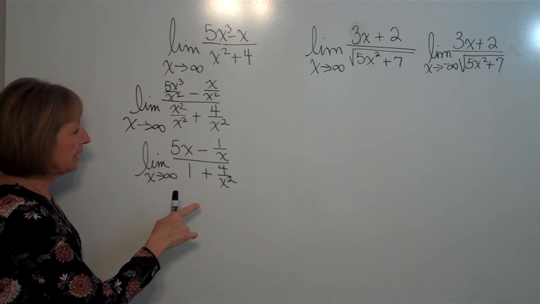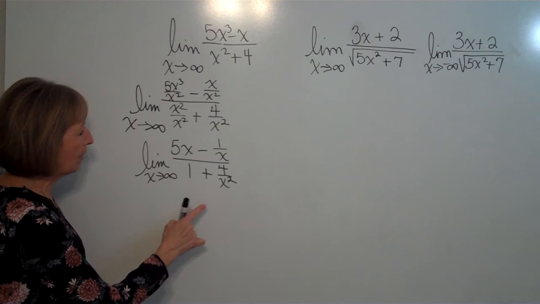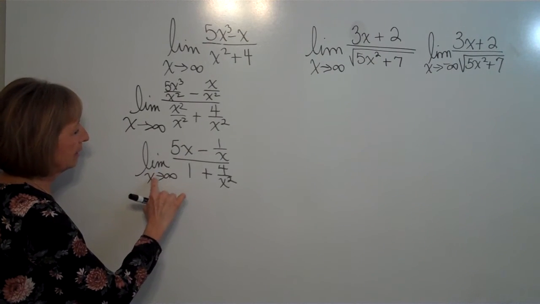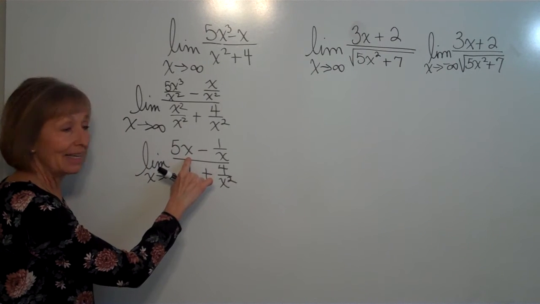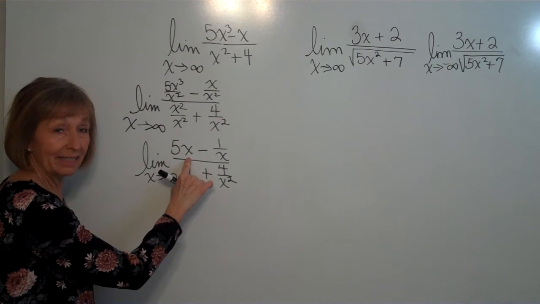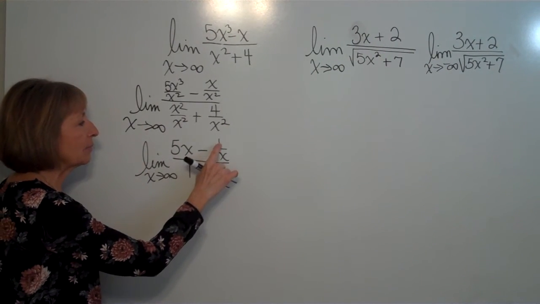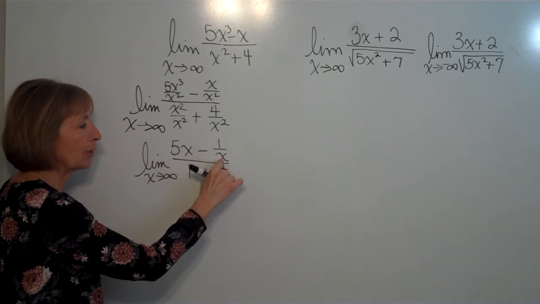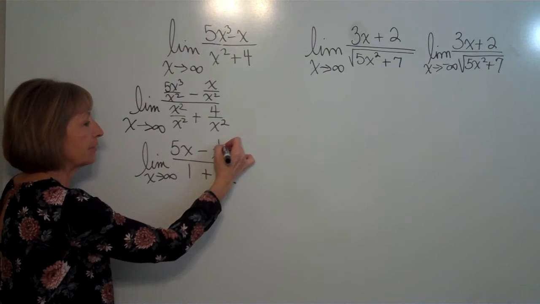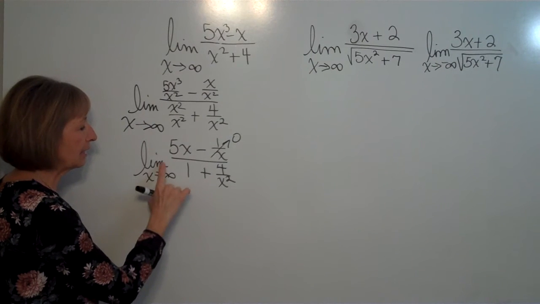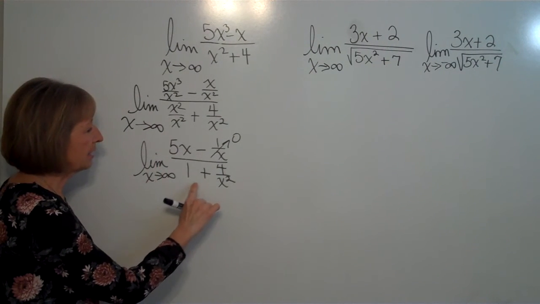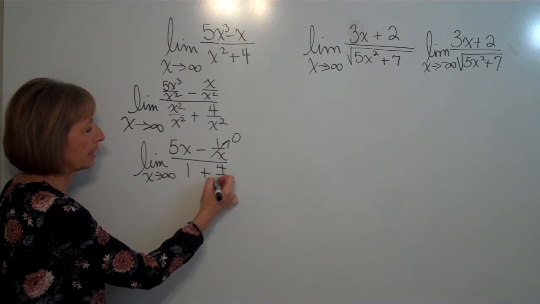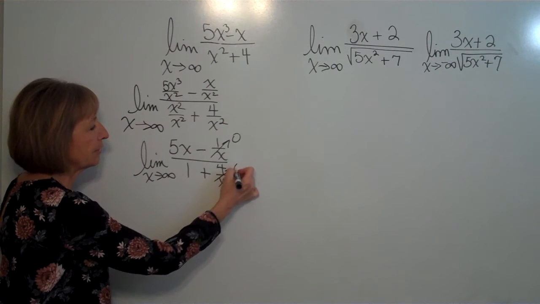Now when I look at each of these and see what happens with them, the limit as x approaches infinity of 5 times x, that goes off to infinity, minus the limit as x approaches infinity of 1 over x, that goes off to 0. The limit as x approaches infinity of 1 is 1, and the limit as x approaches infinity of 4 over x squared, that goes off to 0.